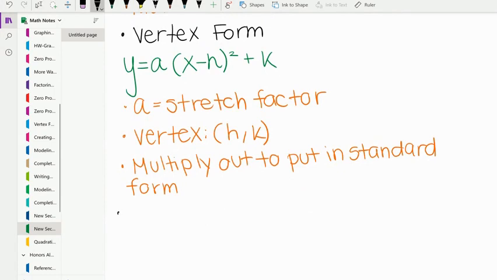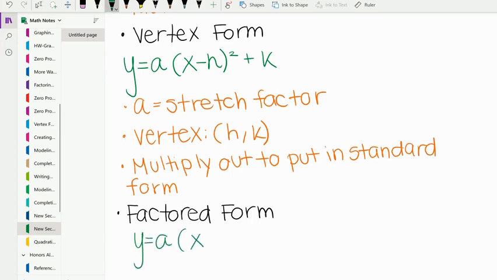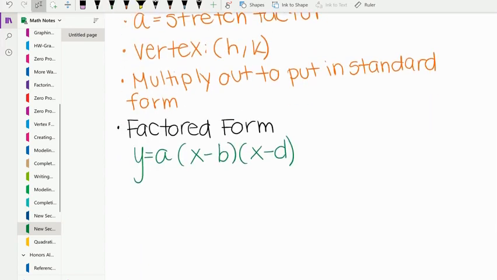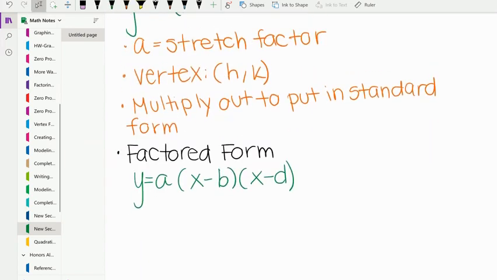All right, and the last form is factored form. Factored form is y equals a times (x minus b) times (x minus d), where I'm just going to use random variables like b and d. What this tells you, of course, is a, which is the stretch factor.